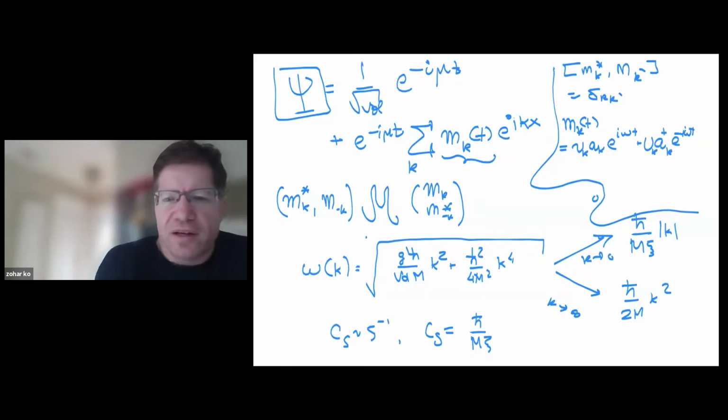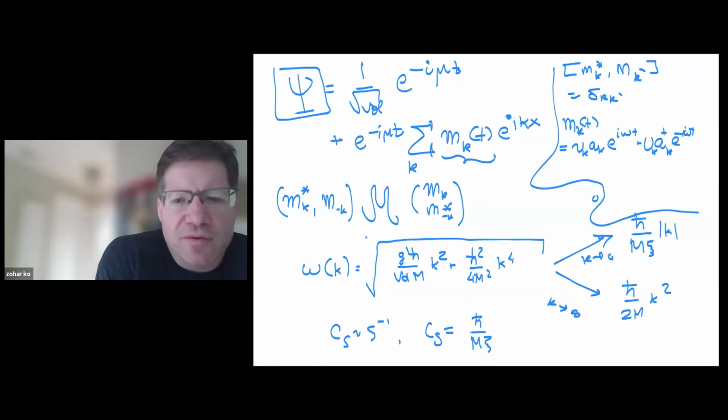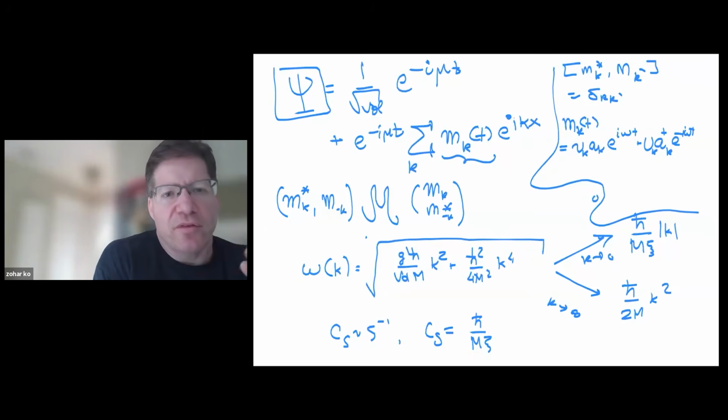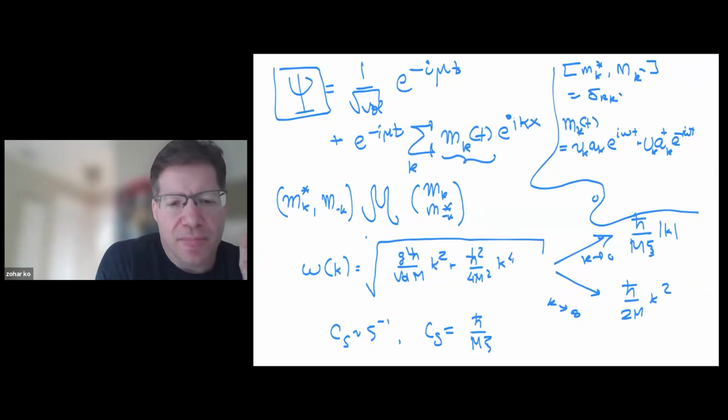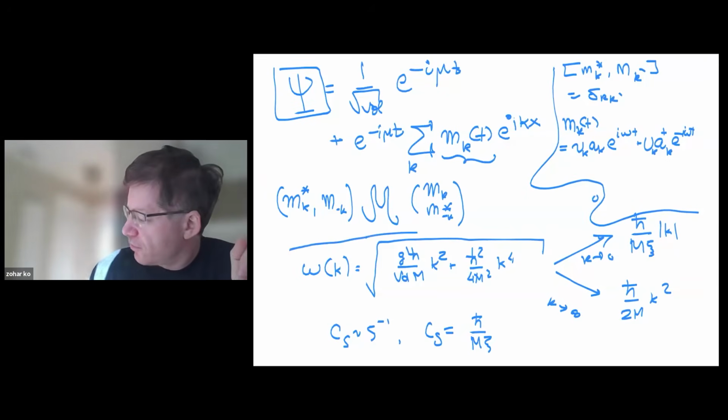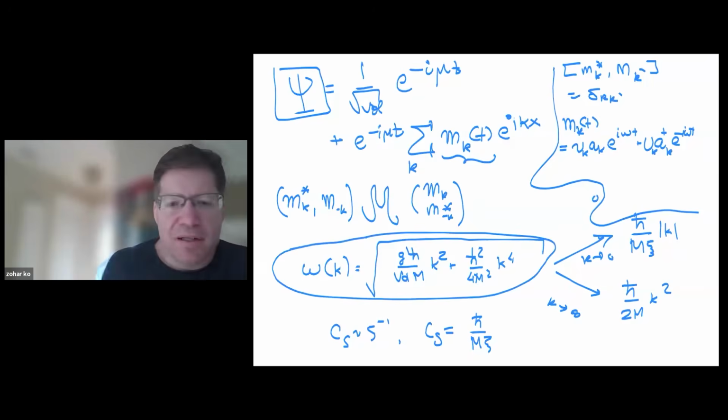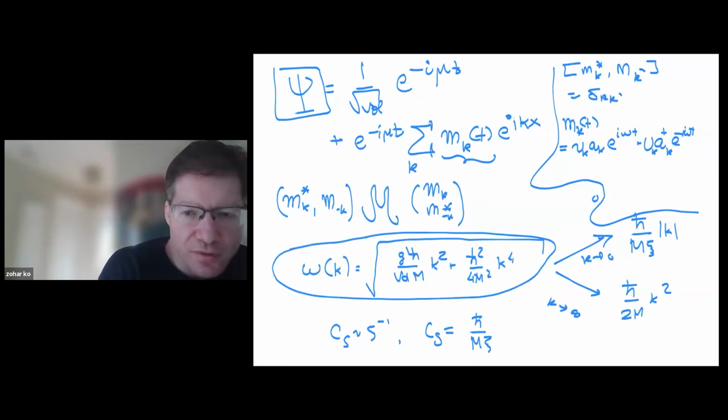So what did Bogolubov say? He said that if you actually solve for the time evolution of these Fourier modes, you'll find that these are linear combinations of exponents. Some exponents oscillate with positive frequency and some exponents oscillate with negative frequency. The frequencies can be easily calculated. This is what this formula tells you. But the fact that each of these modes by itself is neither e to the i omega t nor e to the minus i omega t means that they're actually linear combinations of creation and annihilation operators.